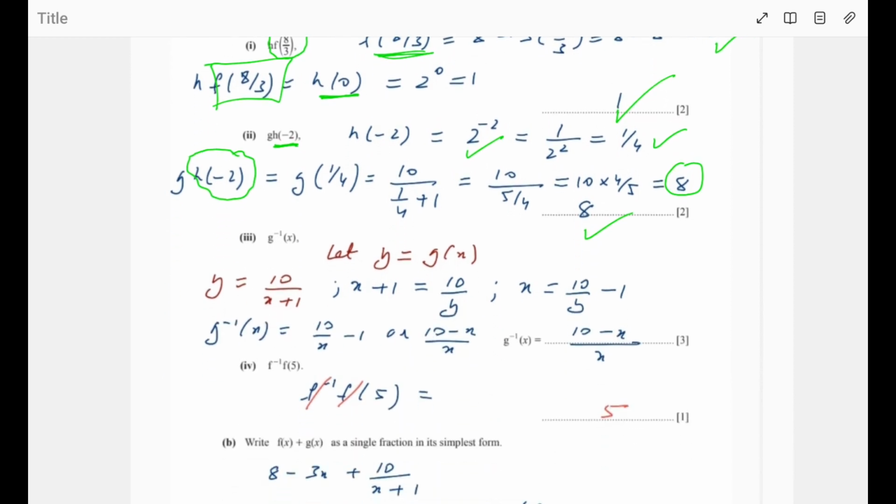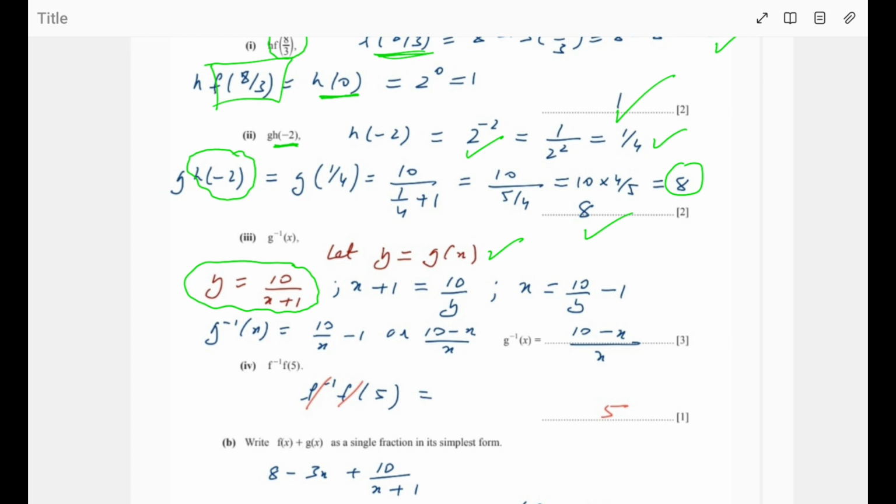Now this is very interesting and important: how to find the inverse of a function. There is a method. First of all, you follow this red step. Suppose you are looking for g inverse of x, so you suppose y = g(x). Now here y is the subject. Do some algebra, so you will get x as the subject.